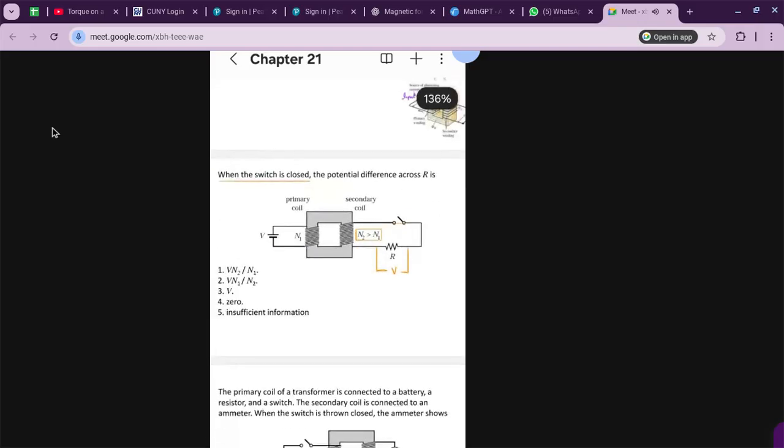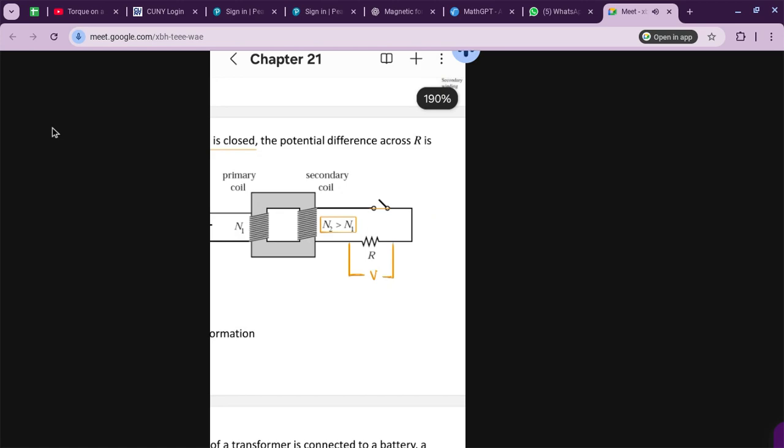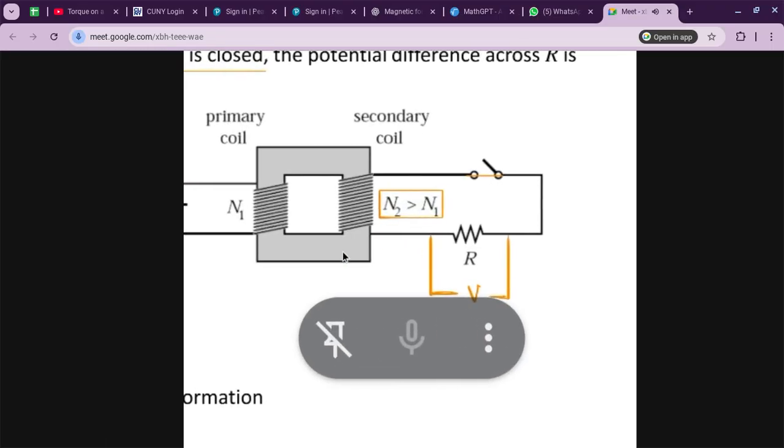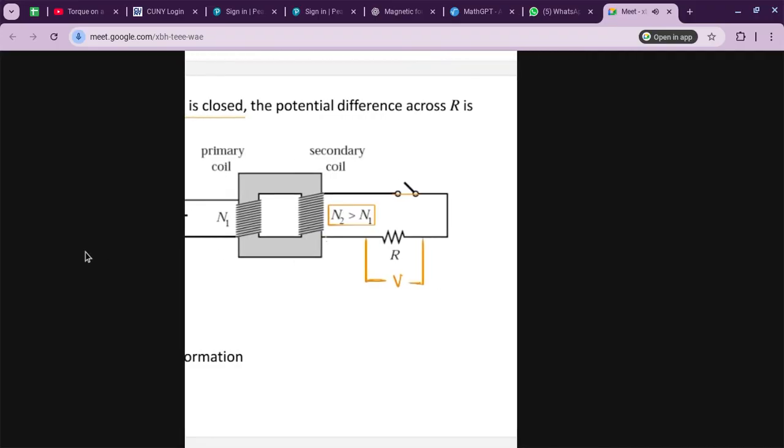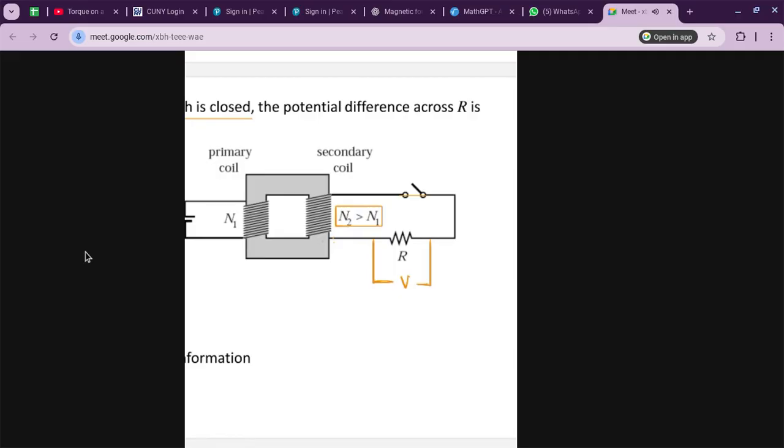So first of all, this coil and this resistor are connected in series or in parallel? Parallel. Very good. They are connected in parallel because both the ends of the resistor are connected with both ends of the coil. And in parallel combination, the potential is same or different?